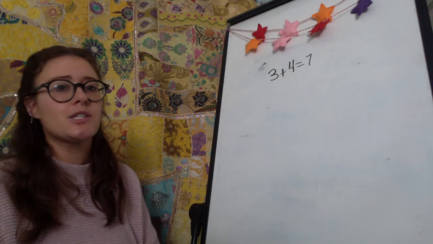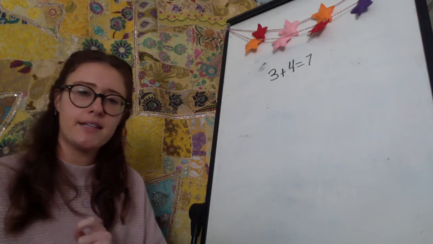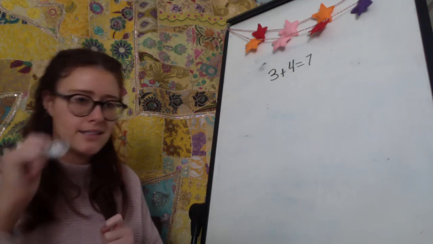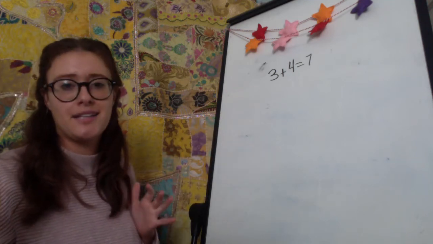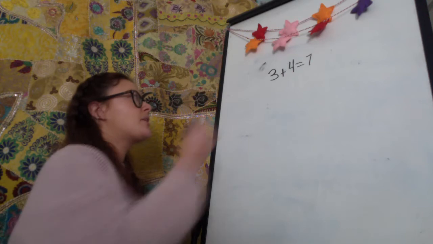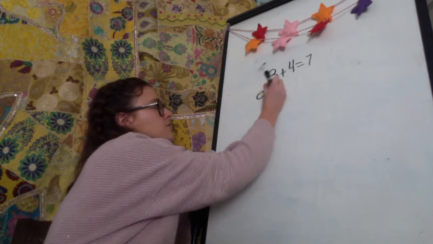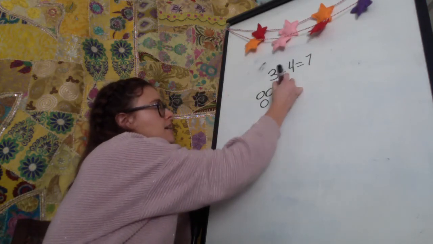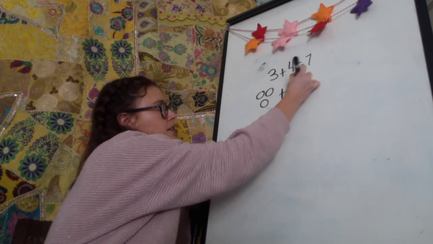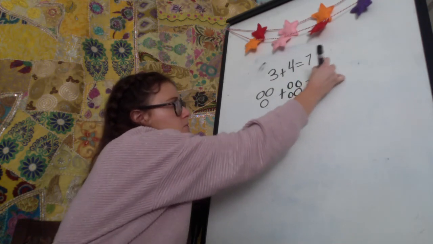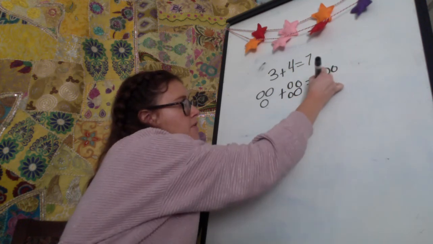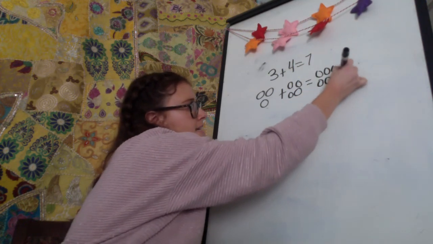This is because we're trying to get them to learn actual methods instead of just drawing to draw. So underneath 3, I would suggest either using lines or circles. I'm going to go ahead and use circles. So 1, 2, 3 plus 1, 2, 3, 4 equals 1, 2, 3, 4, 5, 6, 7.